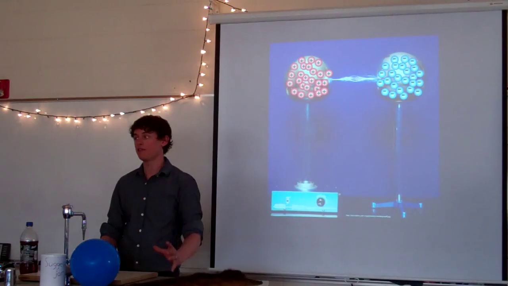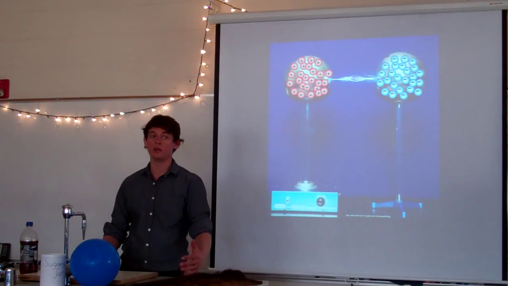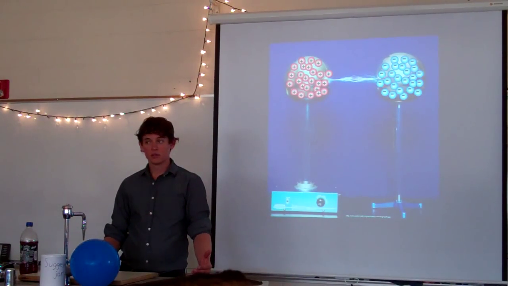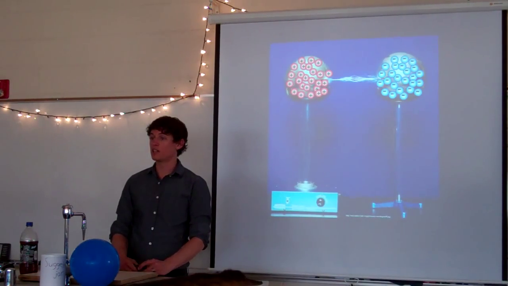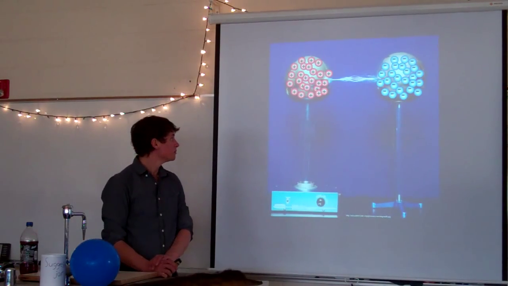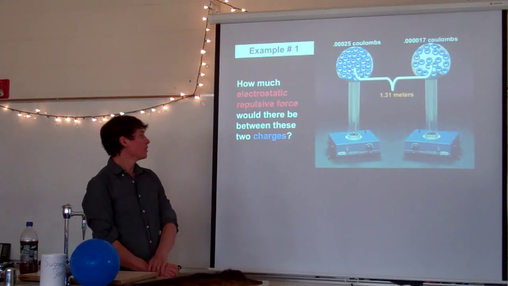Okay, so that's a big difference between gravity and electrostatics. Gravitational force can only be what? Attractive, right? Okay. Electric force can be attractive or repulsive. Eventually those are going to jump over there.